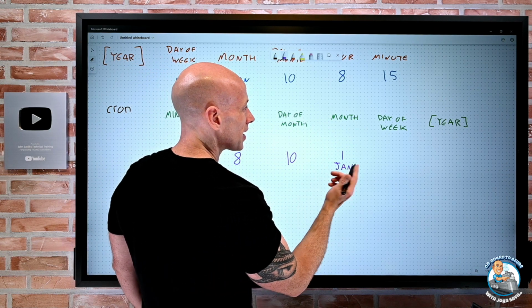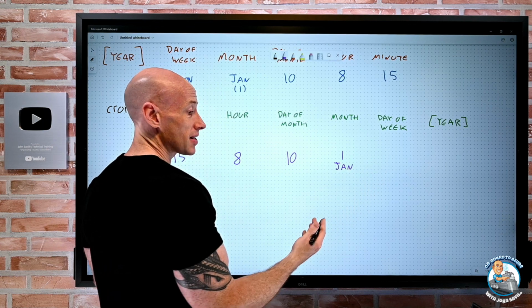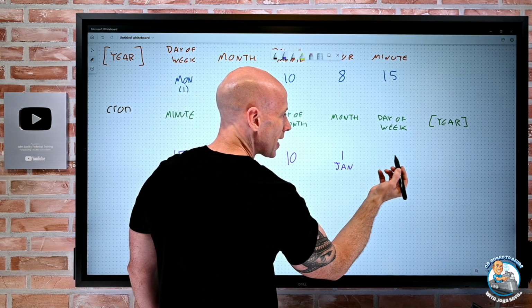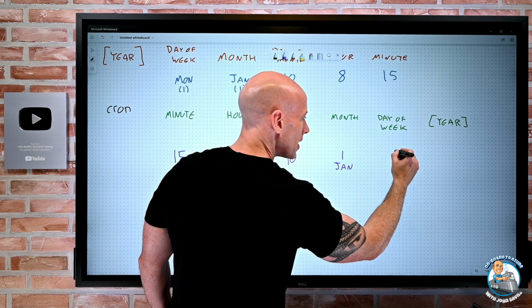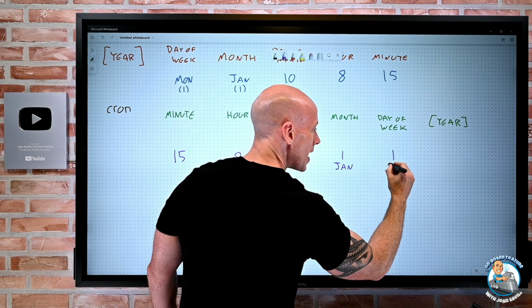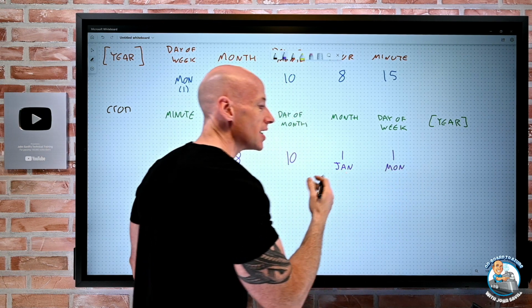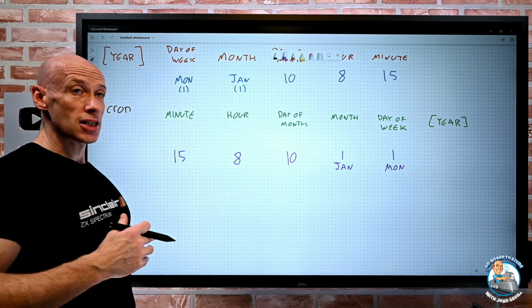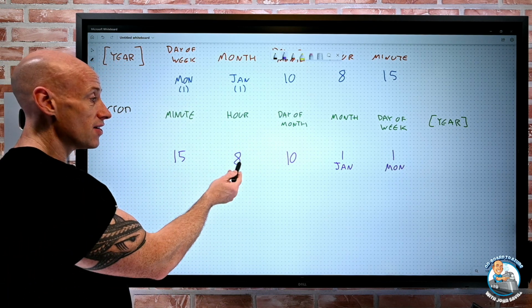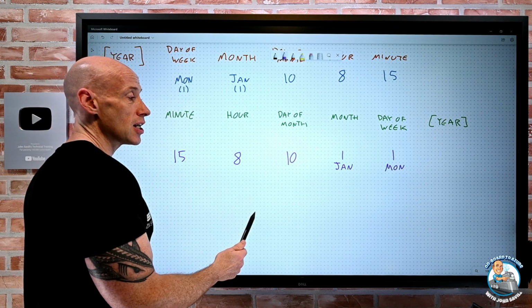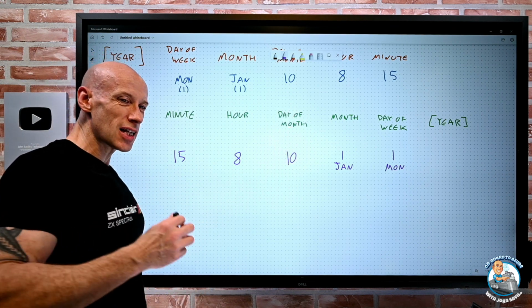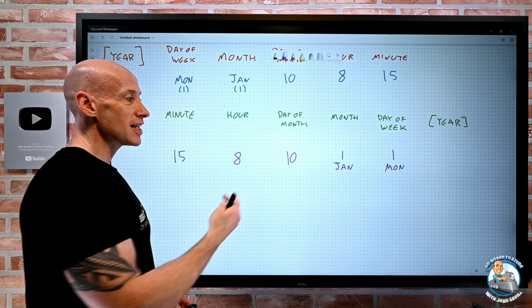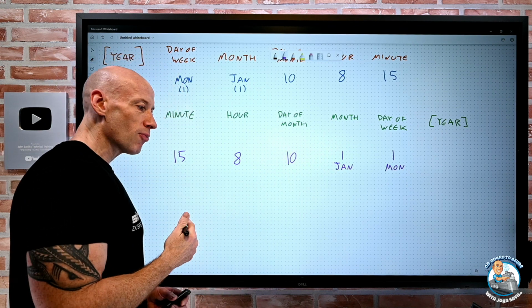So okay, again, let's say it's a Monday or a Tuesday, so I could say, hey, it's Monday. So Monday would be a 1, or again, I could do MON or TUE, etc. So that's a cron expression. That's expressing, hey, 8:15 on the 1st of January if it's a Monday. Now, that's being very specific, then hey, it has to be a Monday and be January 10th for this to apply.